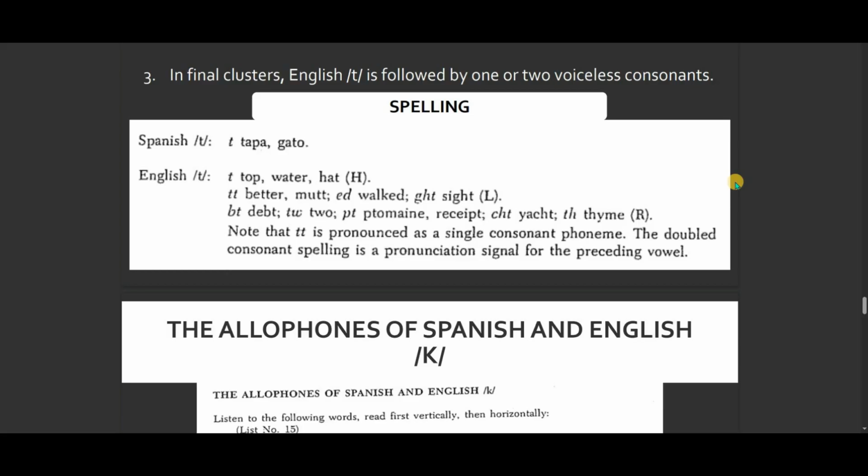The BT sound like in debt, TW like in two, PT like in receipt, CHT like in judged, and TH like in time will have a rare frequency of use. Note that double T is pronounced as a single consonant phoneme. A double consonant spelling is a pronunciation signal for the preceding vowel.